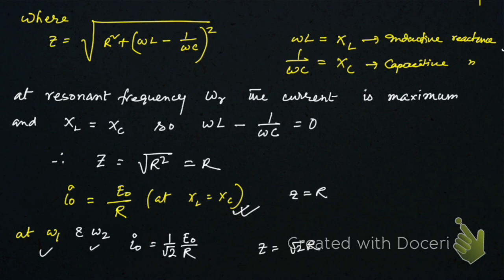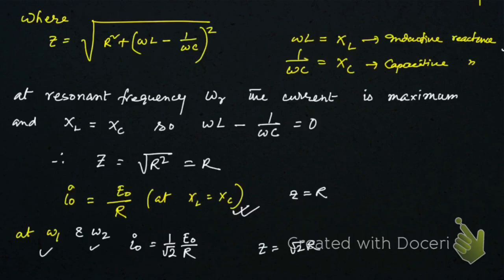Now let me go to the next slide. I have already shown that at omega 1 and omega 2, Z is equal to root 2 times R, in the previous slide.